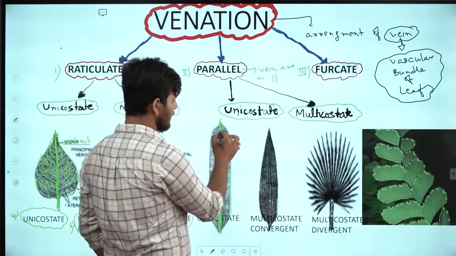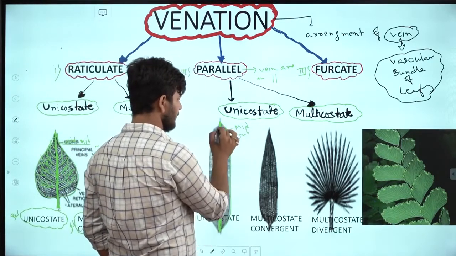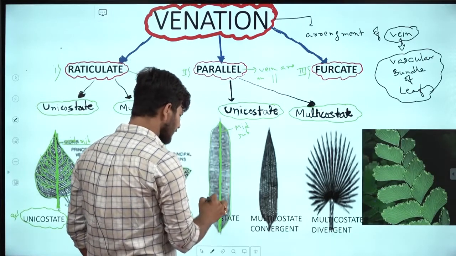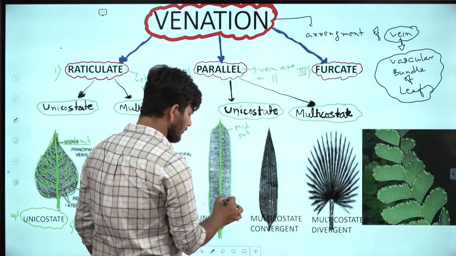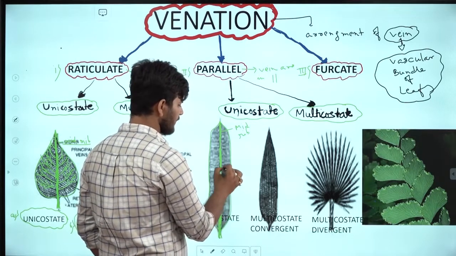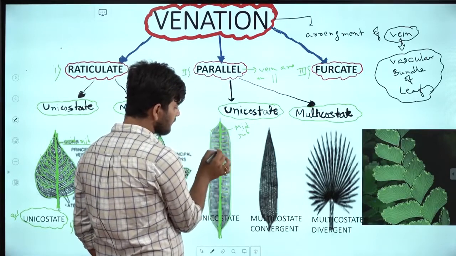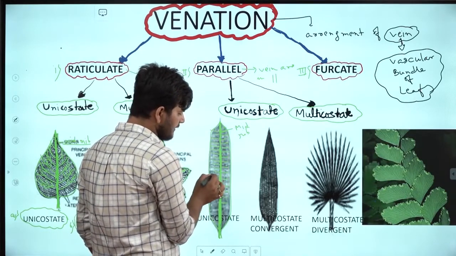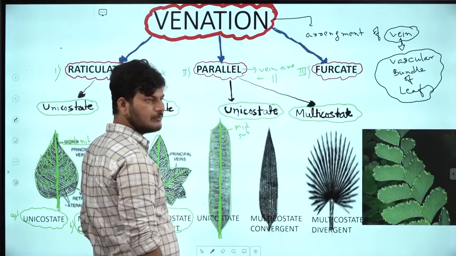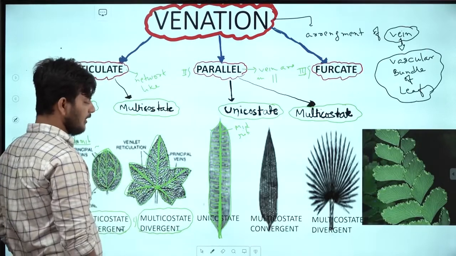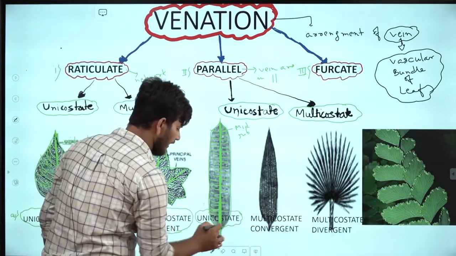Here the midrib is also present; I am writing it here, midrib. From the midrib, a lot of secondary veins originate. Since all the veins are in parallel position, it is called parallel venation. So the first example is unicostate parallel venation.